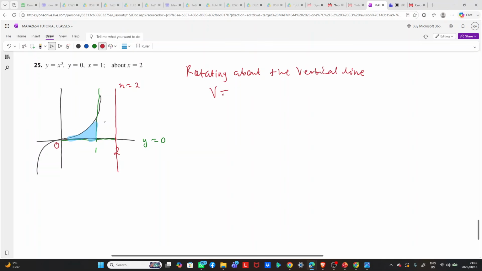The volume is going to be defined by the integral from a to b of pi into, when you're using the Washer method, R of x squared minus small r of x squared. I said x, no, it's supposed to be y, sorry. R of y squared minus small r of y squared dy.